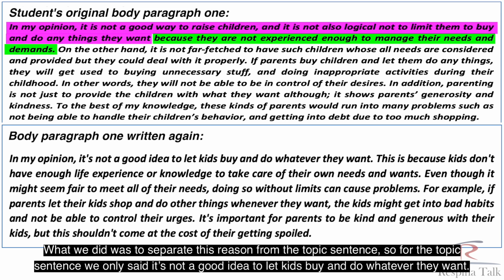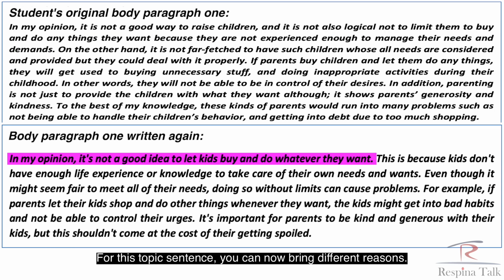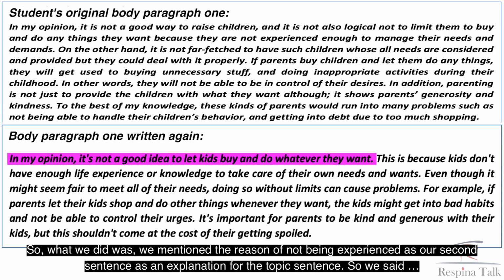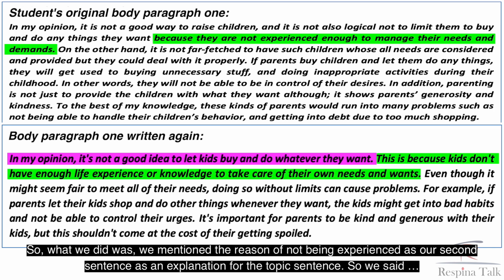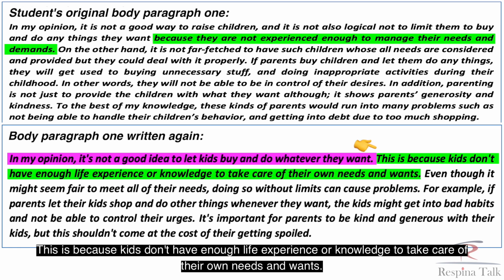So for the topic sentence, we only said it's not a good idea to let kids buy and do whatever they want. For this topic sentence, you can now bring different reasons. So what we did was we mentioned the reason of not being experienced as our second sentence as an explanation for the topic sentence. So we said, this is because kids don't have enough life experience or knowledge to take care of their own needs and wants.